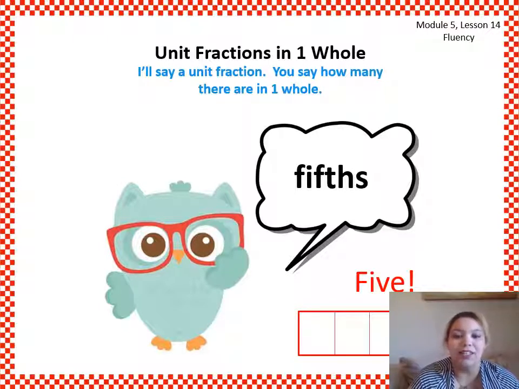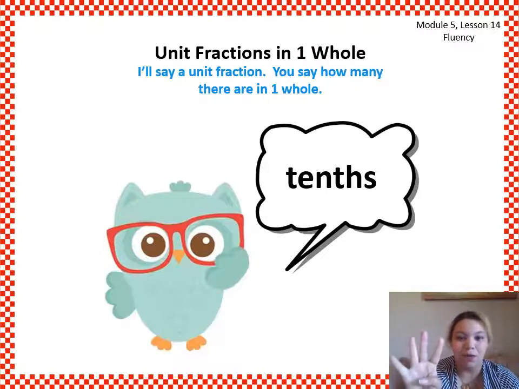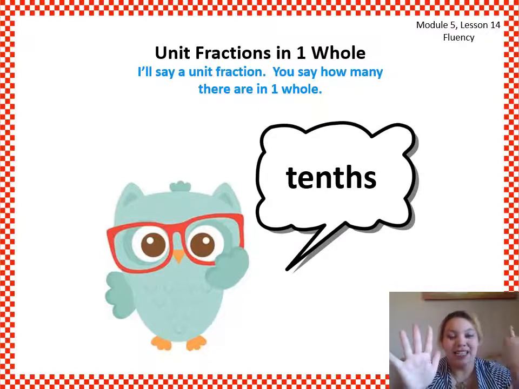All right, let's do it again. Let's try it with tenths. Let's count by tenths in order to get to one whole, which would be the same as 10 tenths. Ready? 1/10, 2 tenths, 3 tenths, 4 tenths, 5 tenths, 6 tenths, 7 tenths, 8 tenths, 9 tenths, 10 tenths, which is the same as one whole.